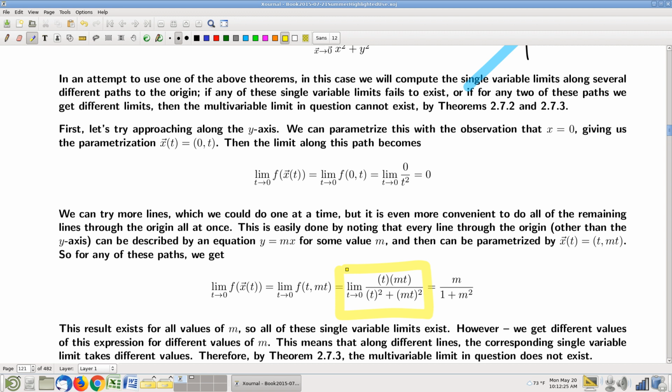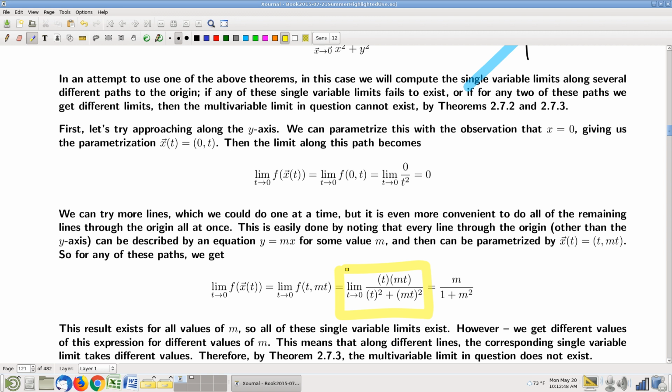Okay, now what do we do with this? Again, you got to be careful with your single variable limits. You cannot just say, "Oh, t is approaching 0, so look, this is 0 over 0." So undefined, right? That's not what a limit is. Again, t approaches 0 means explicitly that t is not 0.